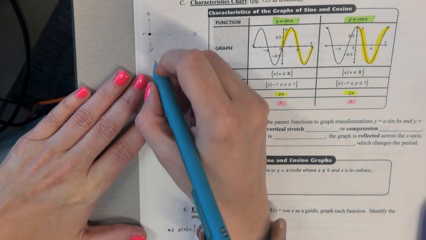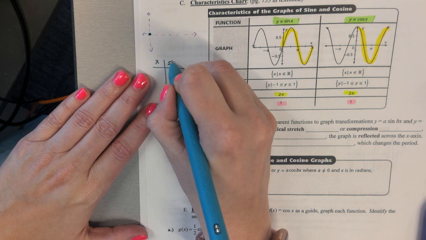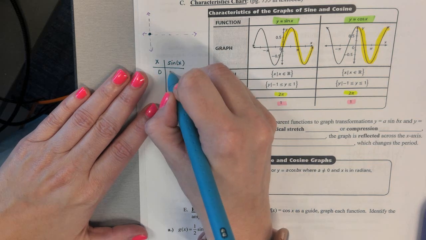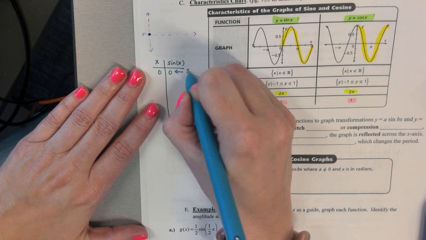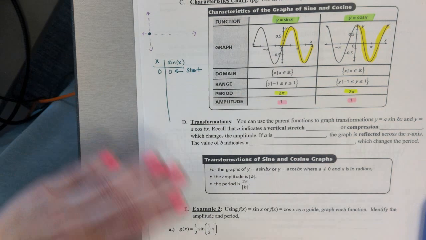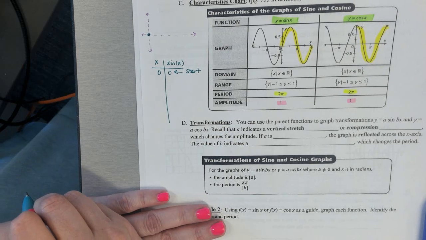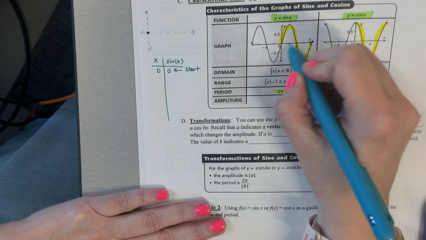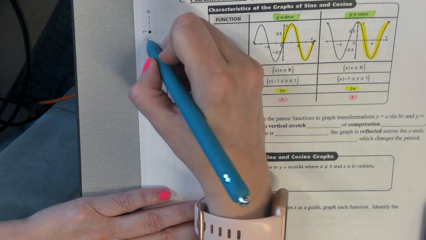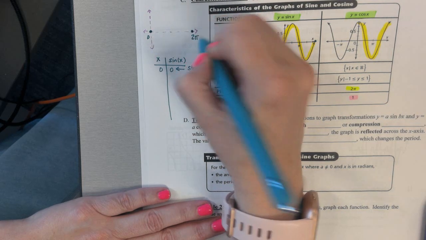And then we're also going to make a little chart. Okay, so 0, 0. This is where you start. Now, where you end is going to be at the end of the period. So if you start at 0, you're going to end at 2 pi.